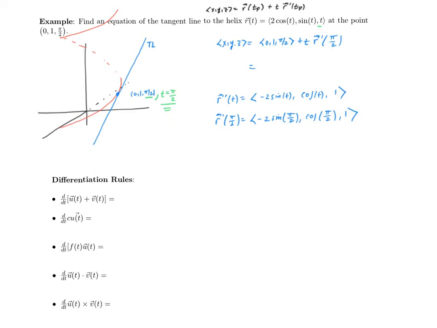For example, a trig function at one of those common angles. Think 0, pi over 6, pi over 4, pi over 3, multiples around the unit circle. So we should be able to substitute in the values for sine of pi over 2 and cosine of pi over 2. Sine of pi over 2 is equal to 1. Cosine of pi over 2 is equal to 0. So the equation of our tangent line in vector form is as follows. And all we need to do is cut and paste, and lastly, substitute in this vector that we have just found.